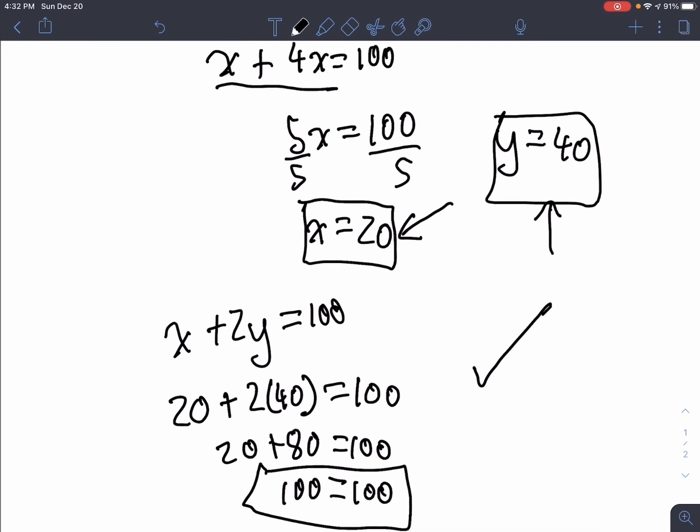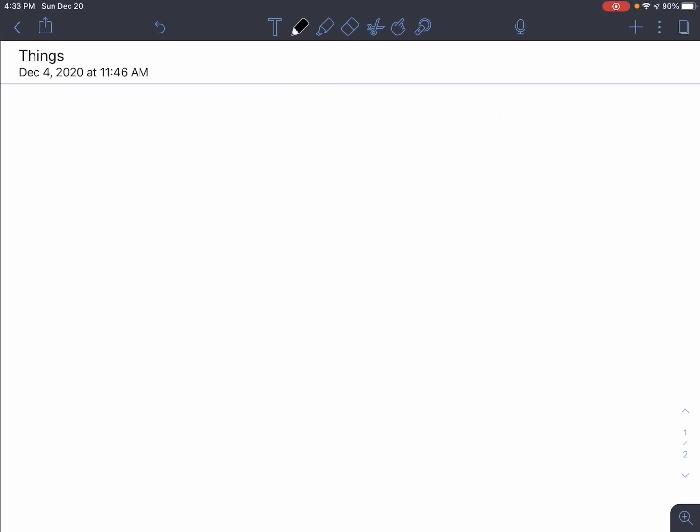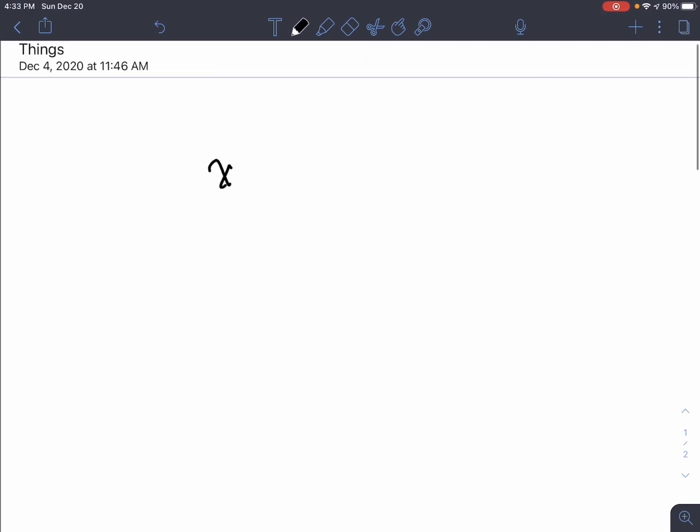Let's do a few more problems with the substitution method. Let's say we had x minus 7y equals negative 11 and 5x plus 2y equals negative 18.